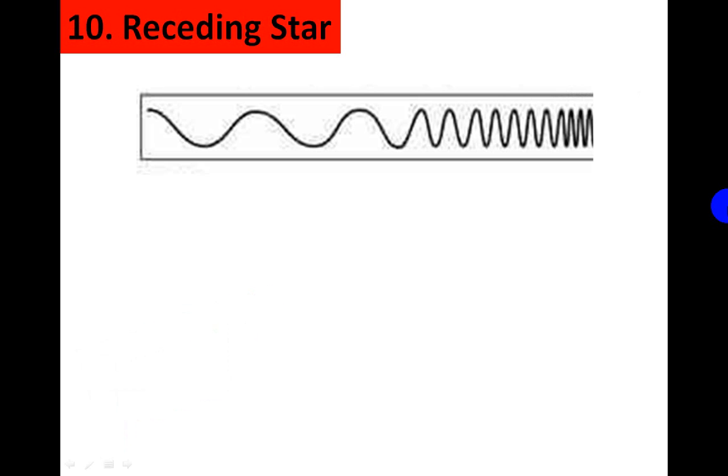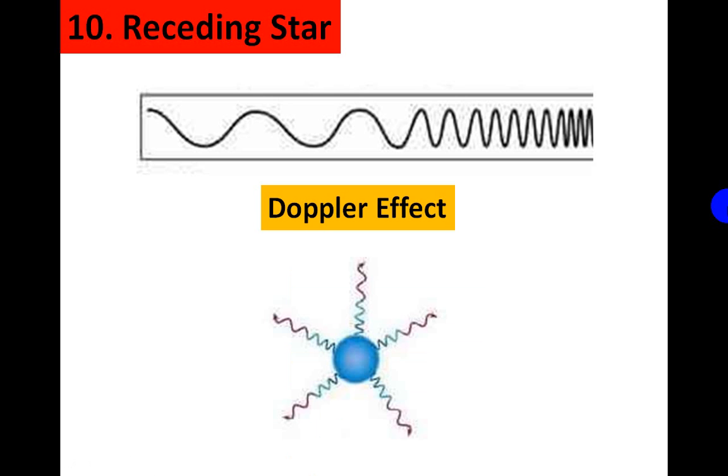As the waves move away, their wavelength increases. This phenomenon is called the Doppler effect. The effect is similar in the case of light, because light is also a kind of wave.